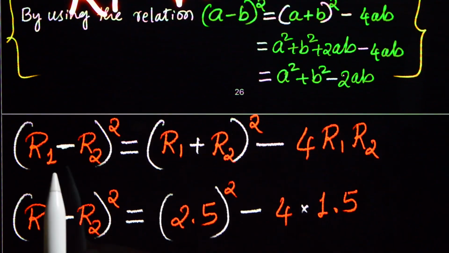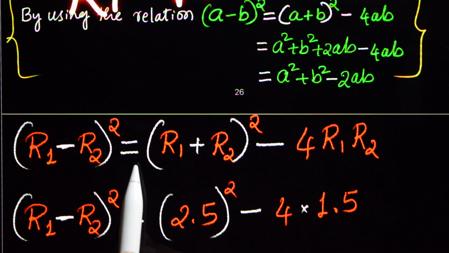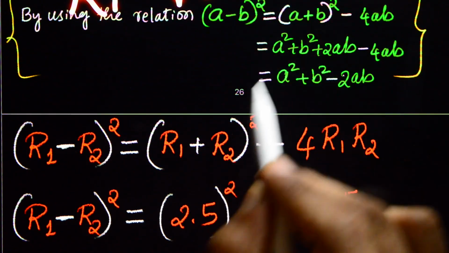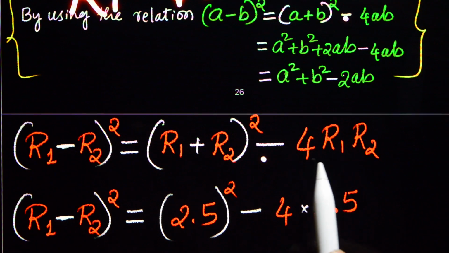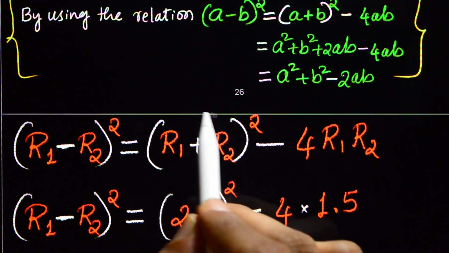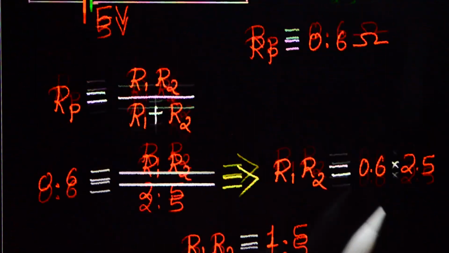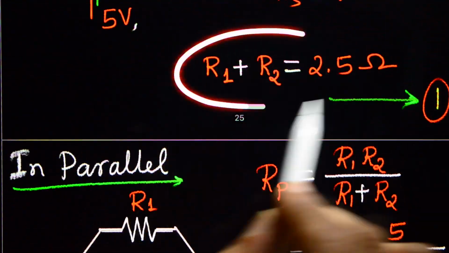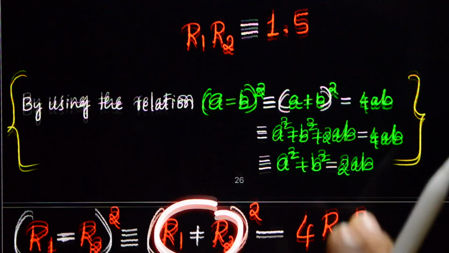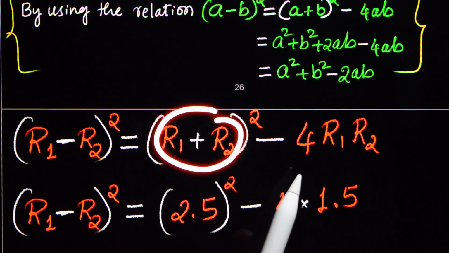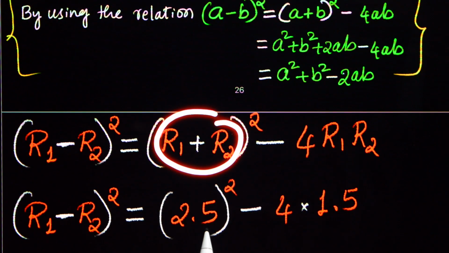Here R1 minus R2 whole square is equal to R1 plus R2 whole square minus 4 into R1 into R2. What is R1 plus R2? R1 plus R2 is 2.5 ohm.